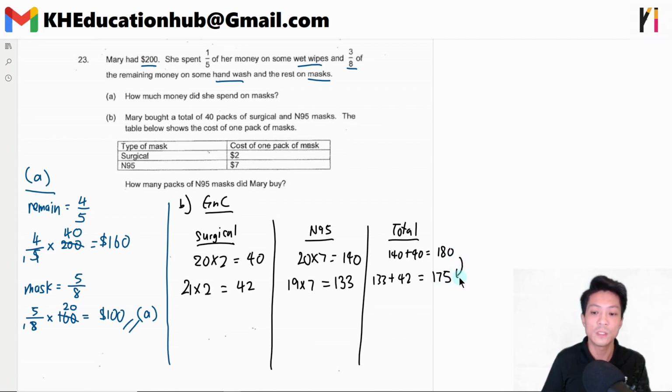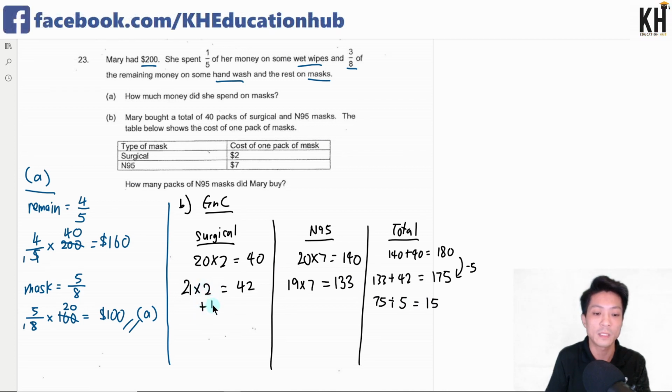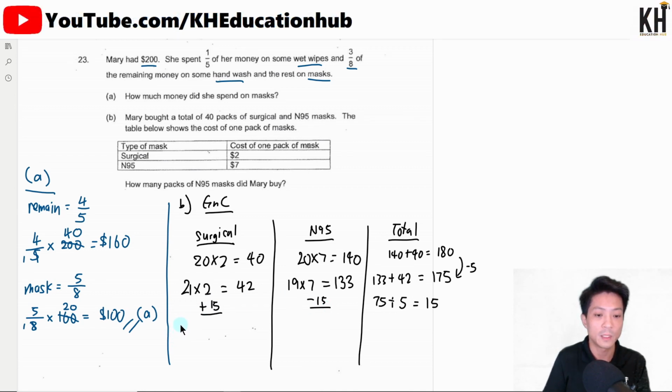Okay, so I noticed that there is a drop of 5, which means that if I want to reach 100, 75 divided by 5 will give me 15. So I need to plus 15 here, and I need to minus 15 here. Plus 15 will give me 36 times 2, which is $72.